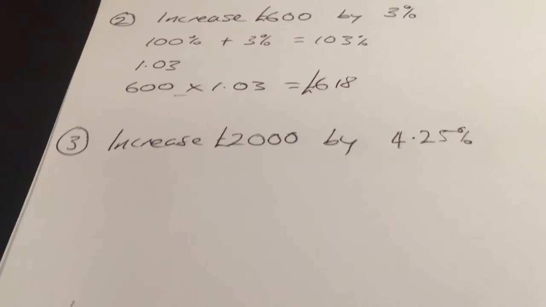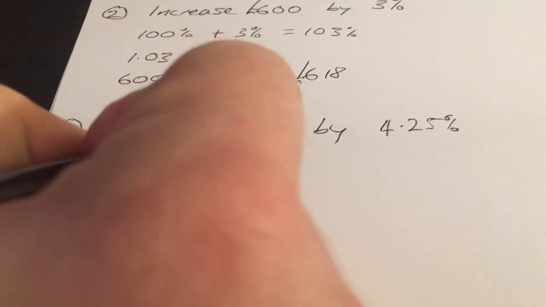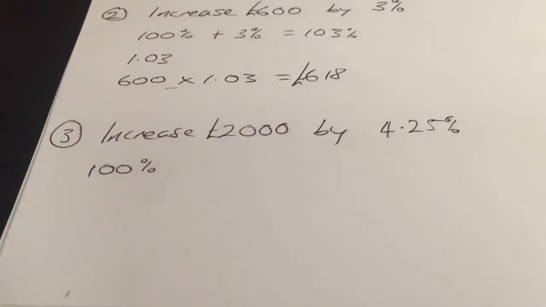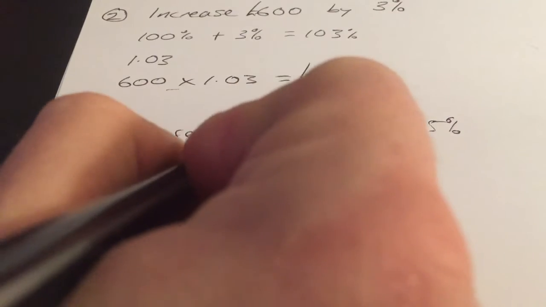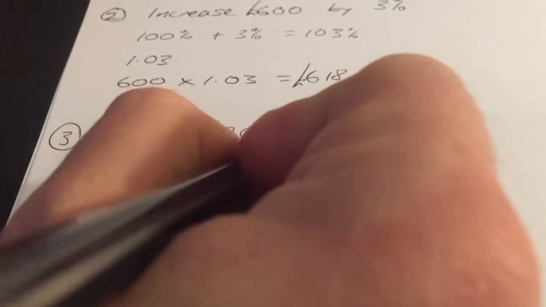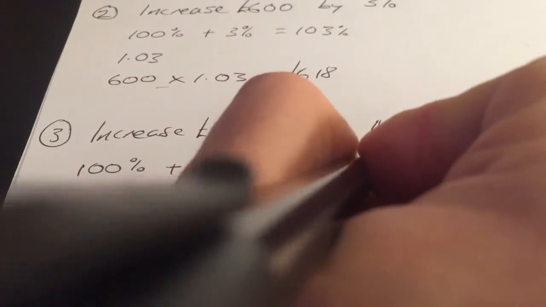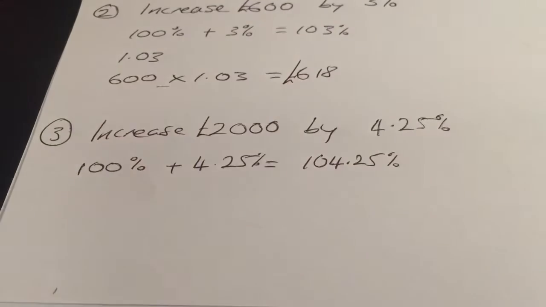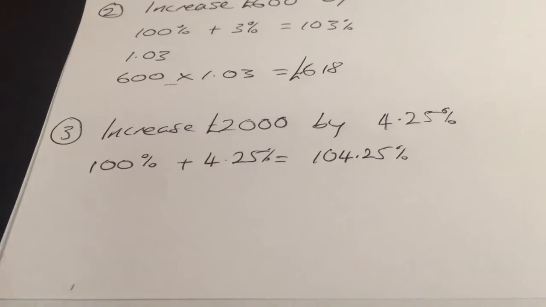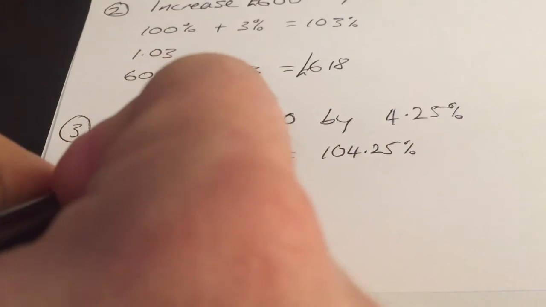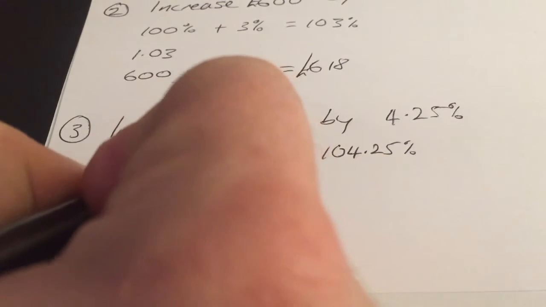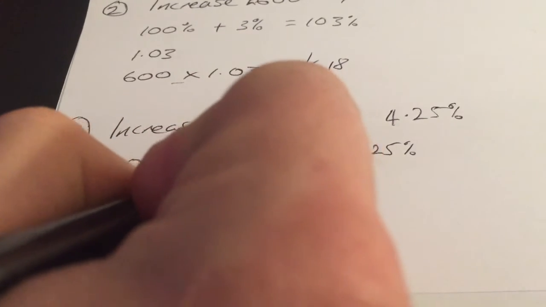So what we have to do here is say, well, our original amount was 100% of what we had. We're adding on 4.25%. So we end up with 104.25% of what we had. As a decimal, that would be 1.0425.